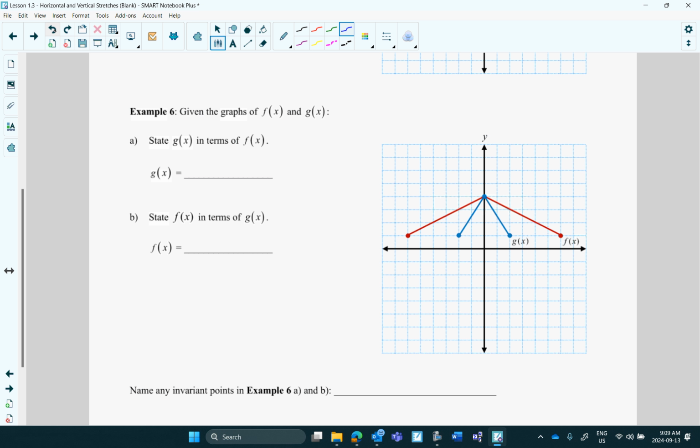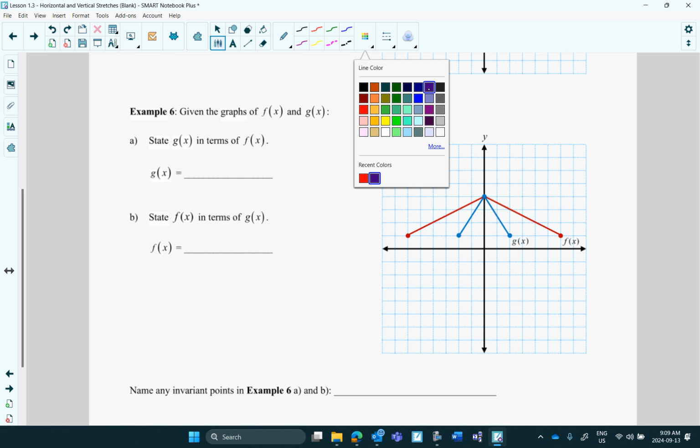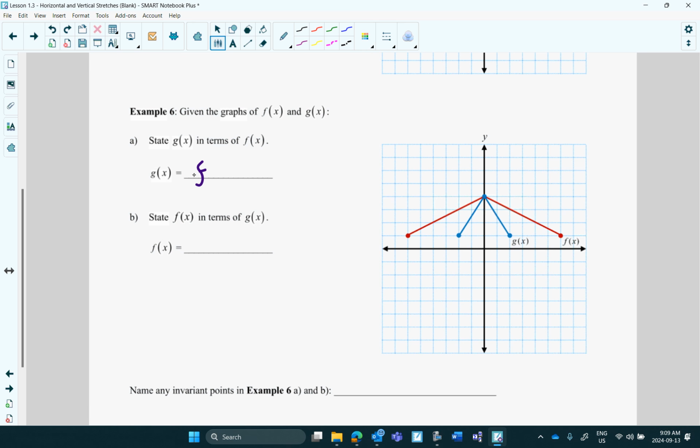So that means that the stretch is 1/3. Okay, the stretch is 1/3. But when I put it in the equation, I don't write 1/3. I got to flip it and make 3. So this one will actually be f of 3x.